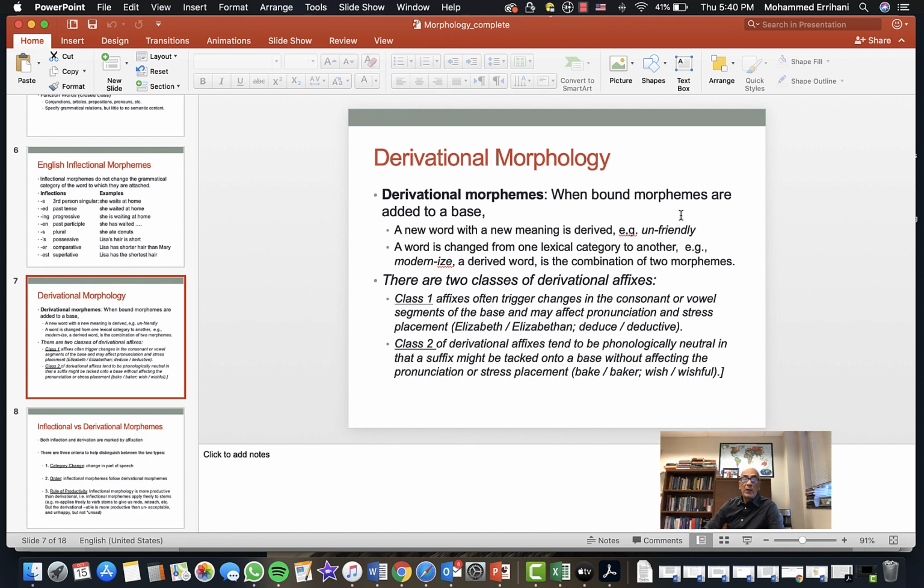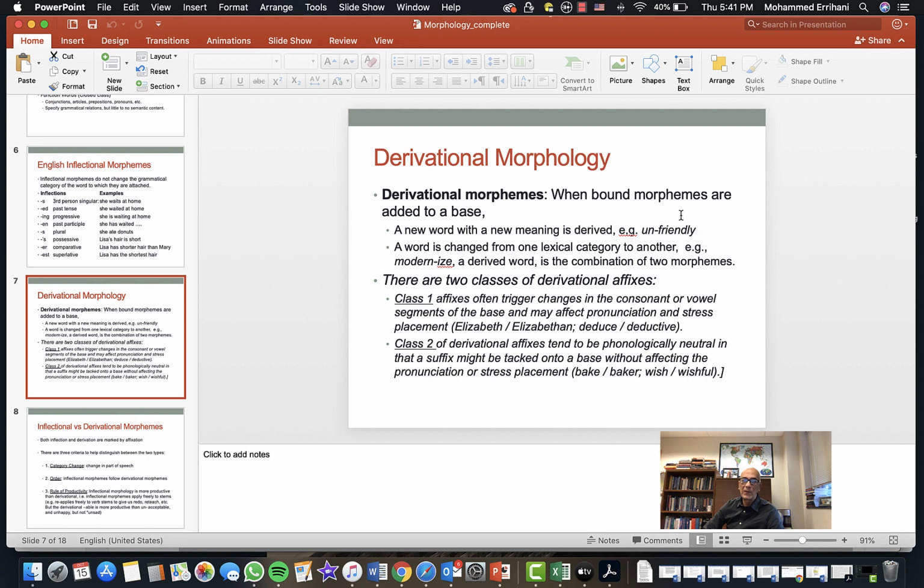Now, there are two classes of derivational morphemes. Class 1 affixes often trigger changes in the consonant or vowel segment of the base and may affect the pronunciation and stress placement. This is just additional information. It's not that essential. So when you have Elizabeth and you add Anna, Elizabeth is a noun, Elizabethan.